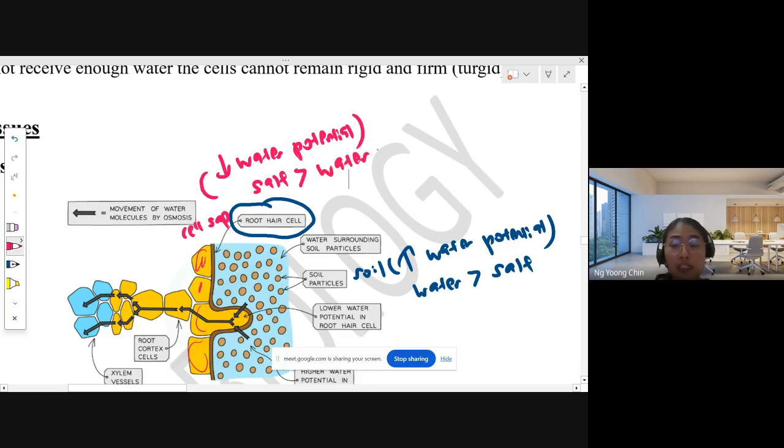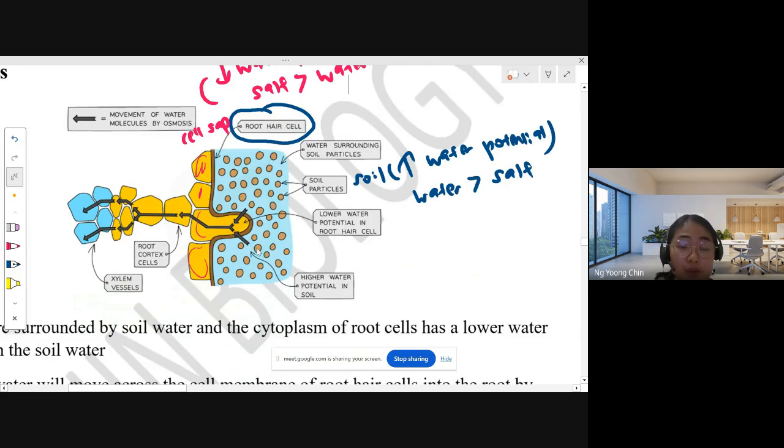This is how the roots are able to absorb the water through osmosis. Because there's a high water potential inside the soil, but a low water potential inside the root hair cell, the cell sap, the water is able to diffuse into it by osmosis.